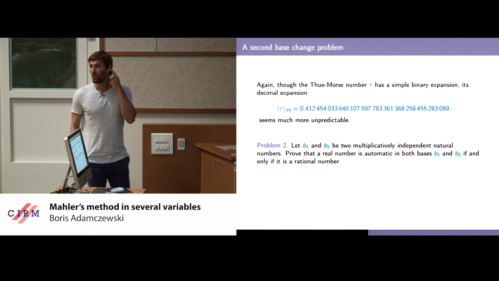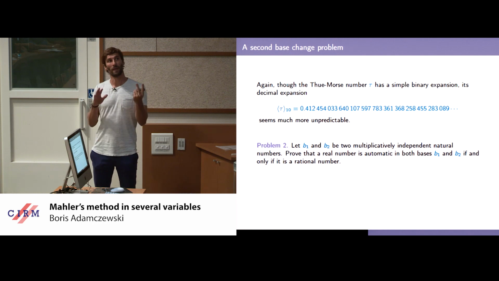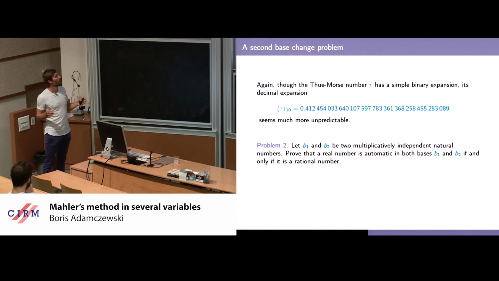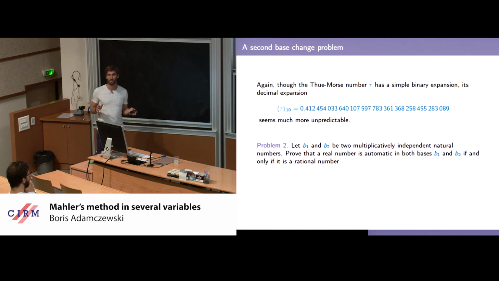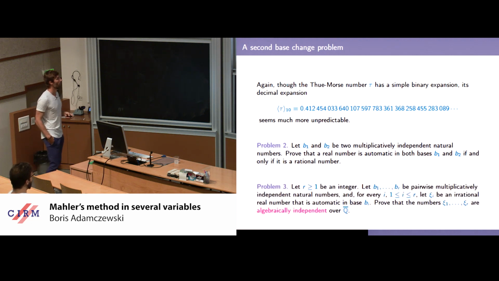So we have a first problem which looks like Cobham's theorem, which would say that if I choose two multiplicatively independent bases like 2 and 10, a number cannot be automatic in both, meaning its expansion cannot be produced by a finite state machine in these two bases, unless it is a rational number. If you have a rational number, the expansion is eventually periodic, so it can be generated by a finite state machine in any base. It's like arithmetic progressions, but for real numbers, we have these rational numbers. So it is an open problem, and probably rather difficult.